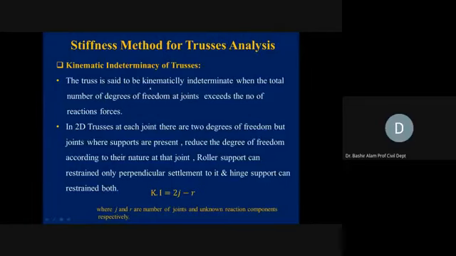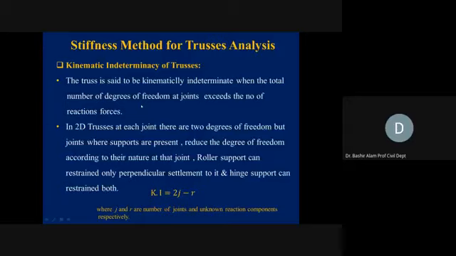The truss is said to be kinematically indeterminate when the total number of degrees of freedom at joints exceed the number of reaction forces. Now, when there is a reaction, it means there is no freedom to displace.